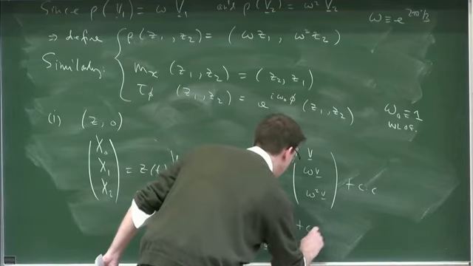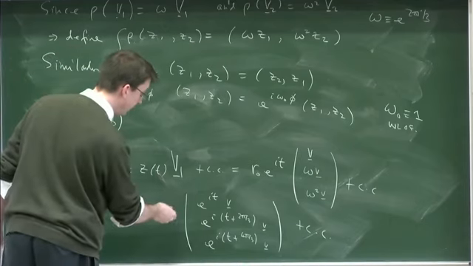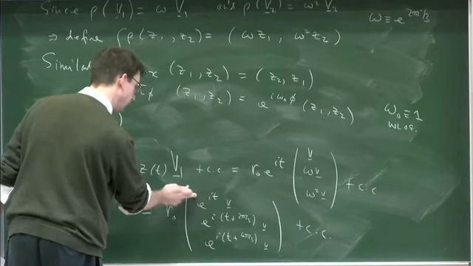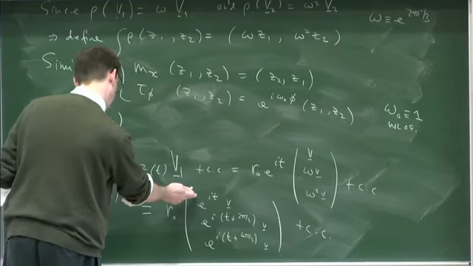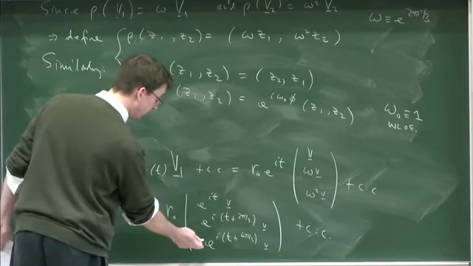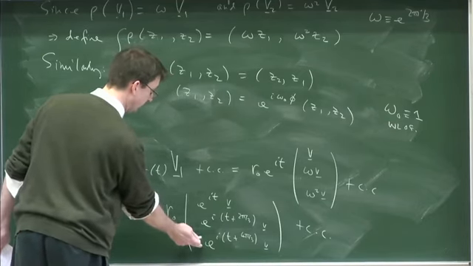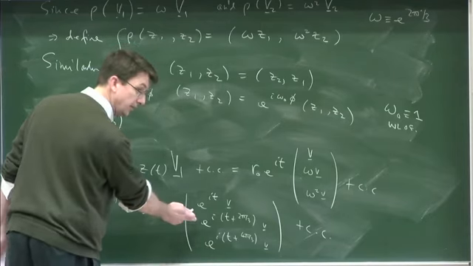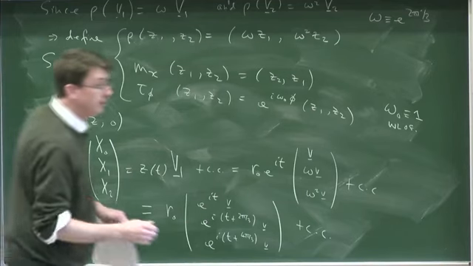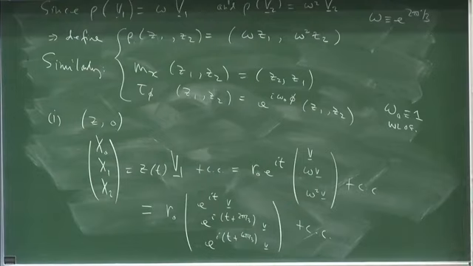So this is plus complex conjugate. We think of this as a kind of cosine wave, and if it peaks at time 0 in the first component, then it's going to peak 2π/3 later in the second component, and then 4π/3 later in the other component. So this is a kind of waveform that rotates around between the three objects.